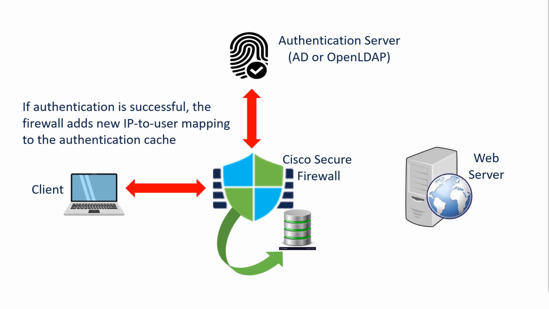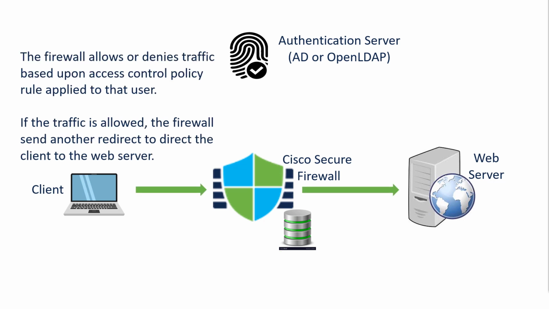Upon successful authentication, the user IP mapping is added to the authentication cache on the firewall. Now, it's a matter of the policy whether the traffic should be allowed. If the traffic is to be allowed, the firewall will send another redirect to direct the client to the target web server.